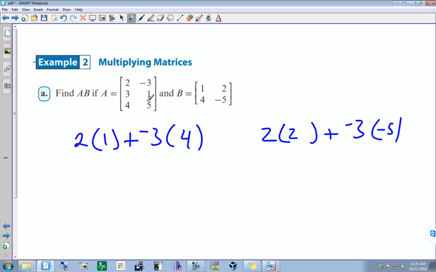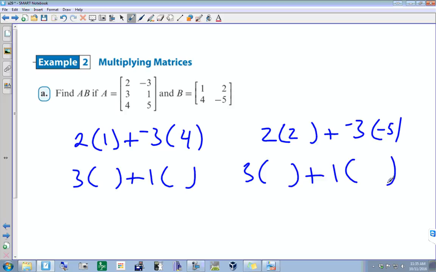Second row, 3 and 1. So I go 3 times 1, 3 there, plus 1 times here. Again, since I'm going to use the same row on the next column, I'm still going to get 3 times whatever plus 1 times whatever. The question is, what's the column?